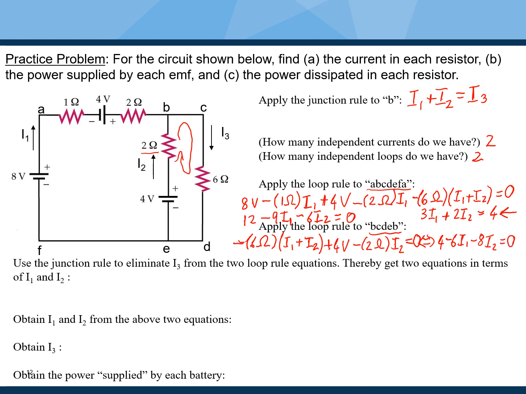This is equal to 0. Now I'm noticing a factor of 2, which I can simplify with.